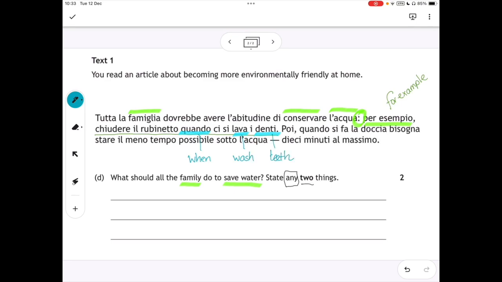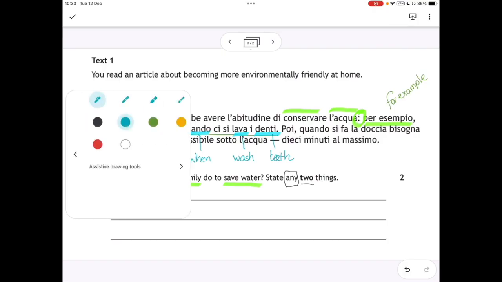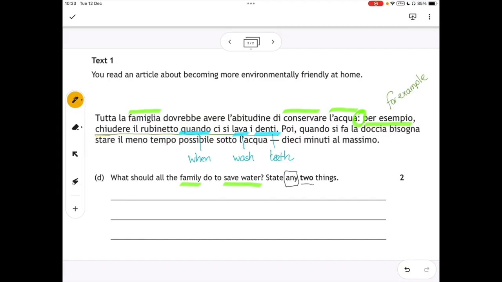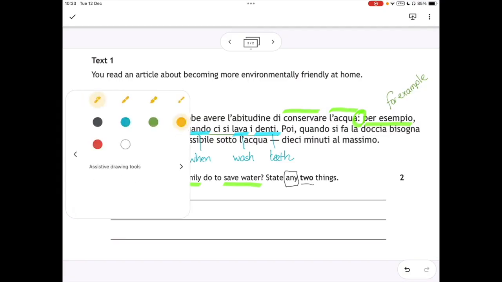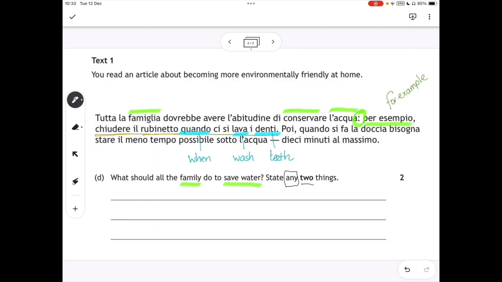So we know that it's going to be something about, well, we wouldn't say washing your teeth, but cleaning your teeth or brushing your teeth. Therefore, to be able to get this answer, I'm going to need to look up this word and this word. So, it is really important that if you spend time looking up a word in the dictionary, you should write down the meanings you are given.